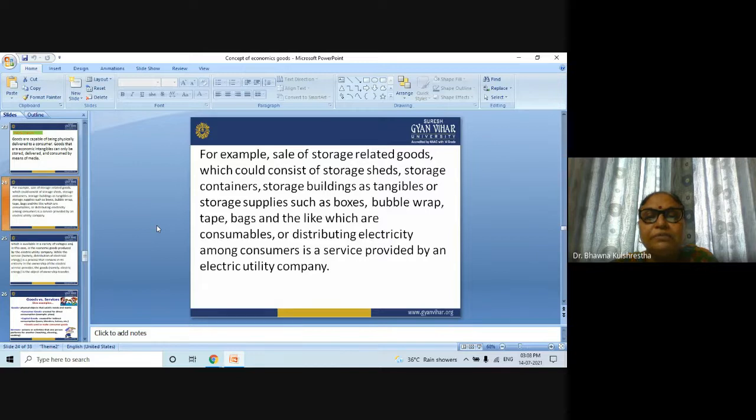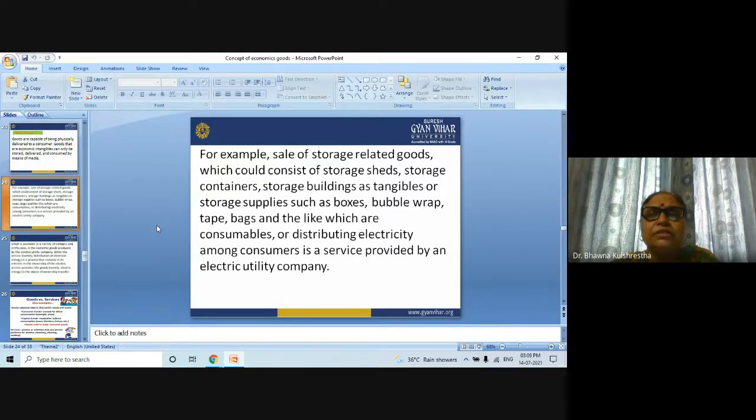Distributing electricity among consumers is a service provided by an electric utility company.